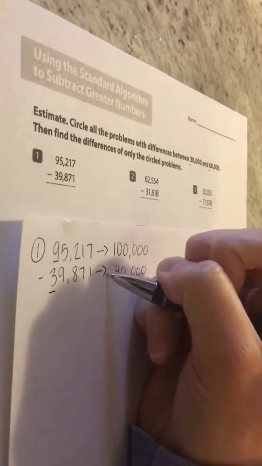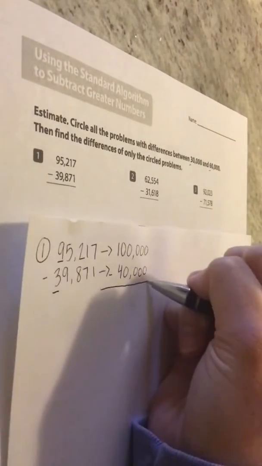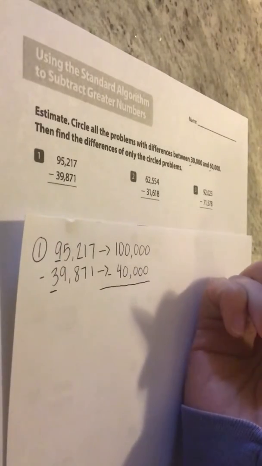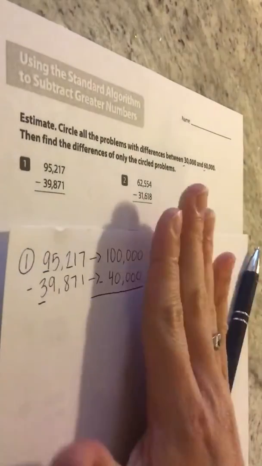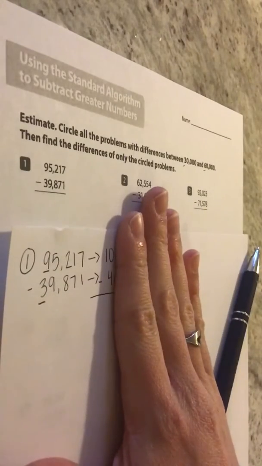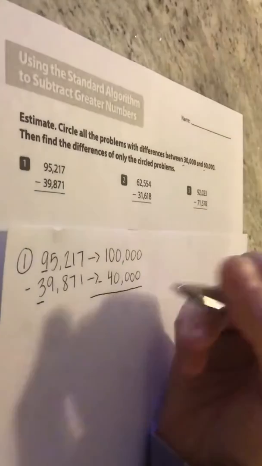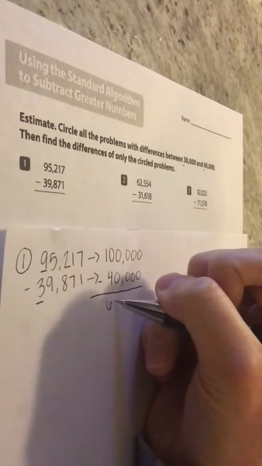Okay, and then I'm just going to subtract. And the point of estimating would be so that I can do it in my head. So if I cover up these zeros, I can do 10 minus 4 in my head, which is 6. And then all I have to do is add the zeros back.